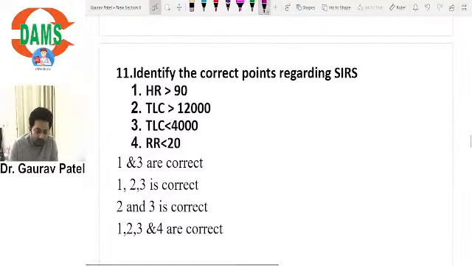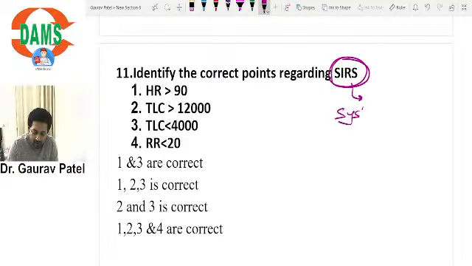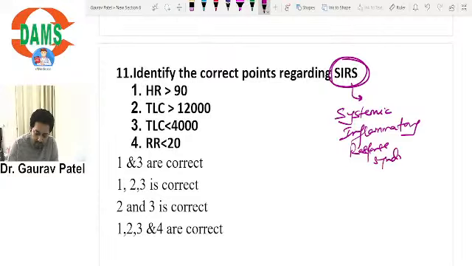Next question. Identify the correct points regarding SIRS. SIRS is Systemic Inflammatory Response Syndrome. So what are the 4 things?